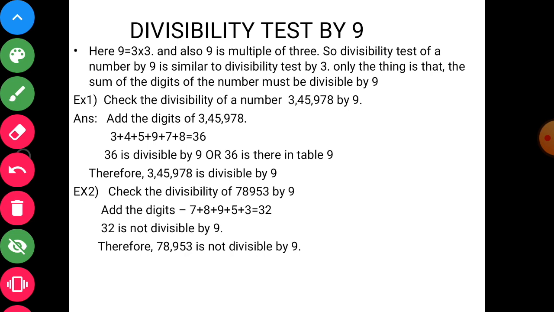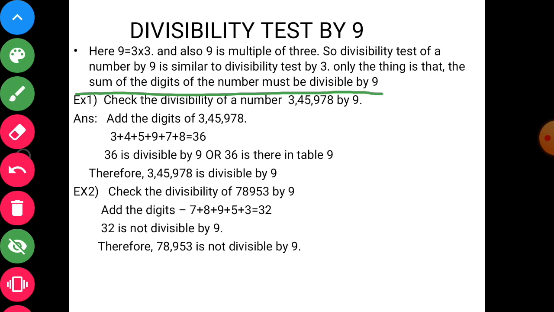The method is the same, you add the digits of the number, but the sum must be divisible by 9 instead of 3. Only the difference is that.